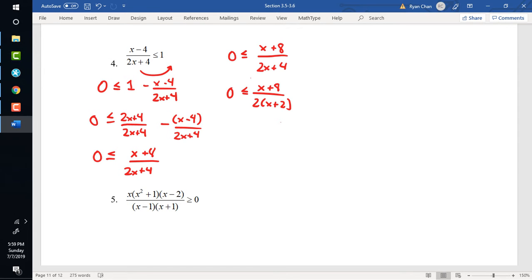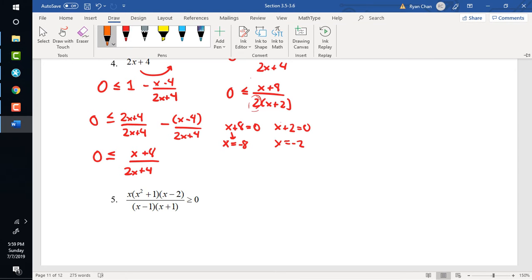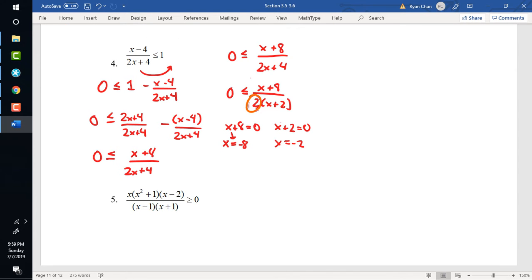I'm going to set x plus 8 equals 0 and x plus 2 equals 0, so I have x equals negative 2 and x equals negative 8. Let me talk about this random 2 out here. You don't set it equal to 0, but you must put it back in your number line just so that you're including all your factors in your number line table.